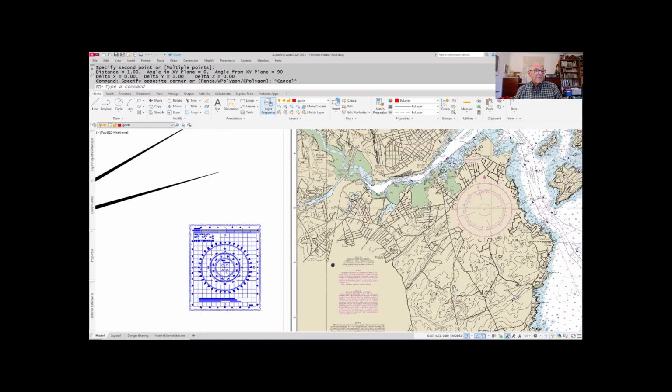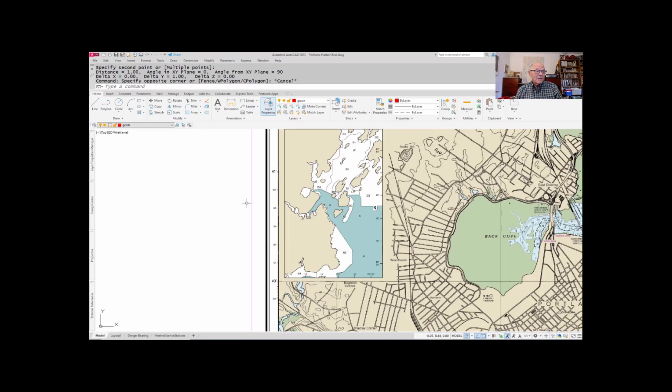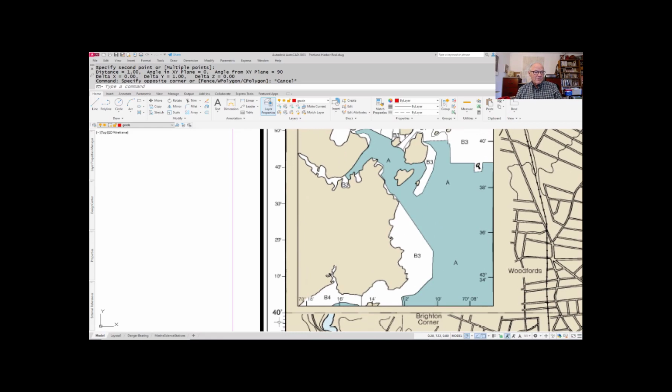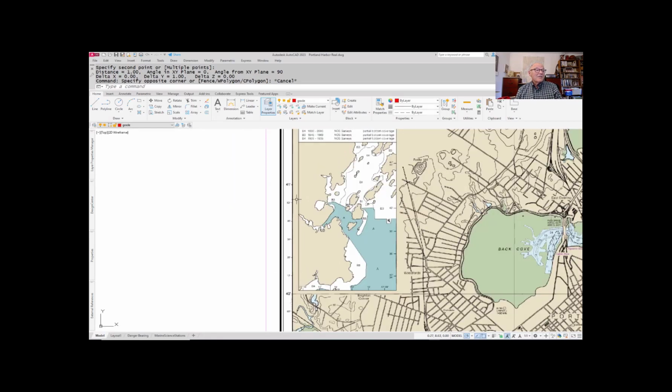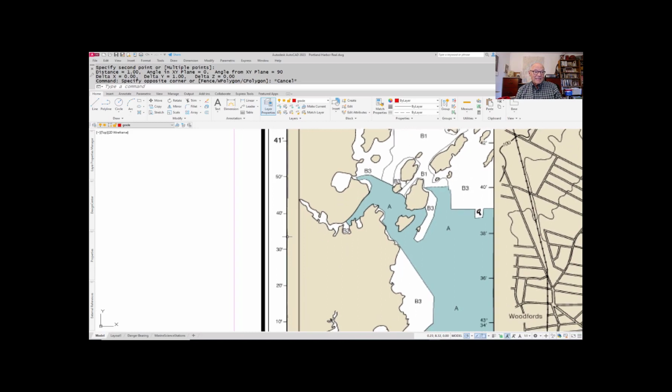Now when you need to do something where the increments are a little bit smaller, there's always a portion of the scale right on the middle of the chart where you notice here it goes from 40 minutes to 41 minutes, and then it divides these things up into seconds, 10 seconds, 20, 30, 40, 50 seconds.